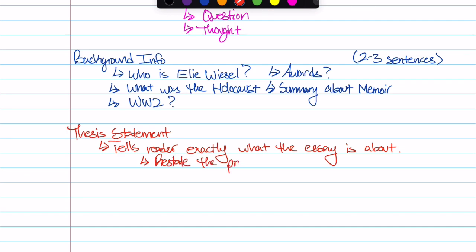Use the language from the prompt, because the prompt is telling you exactly what you're going to be analyzing, and your thesis statement tells the reader exactly what your essay is going to be about. So to make it easy on yourself, just use the prompt. A quick example of that would be something like, this essay will analyze, and then here is where you want to use the language of the prompt.